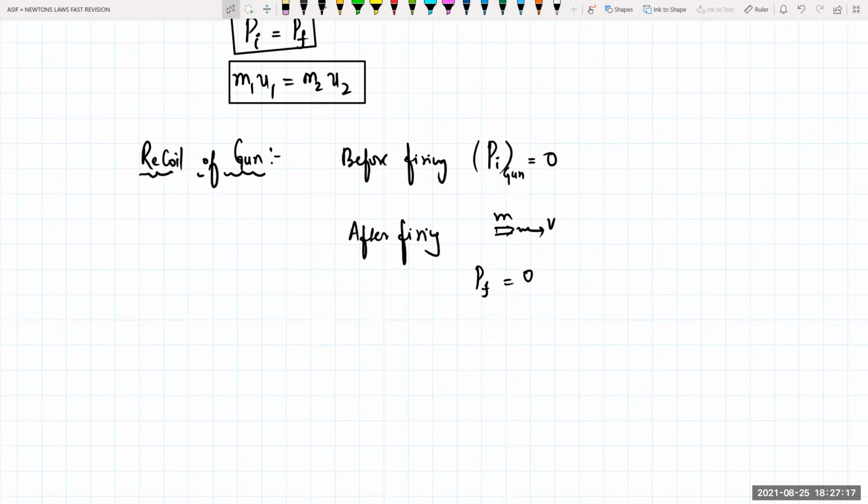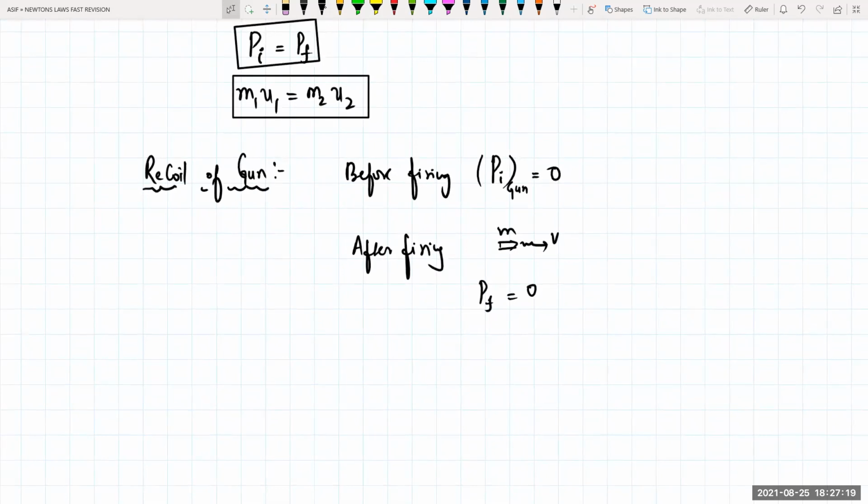It is 0. After firing, the bullet moves in the front direction with v and mass m, and the gun moves in the backward direction with velocity u and mass M.